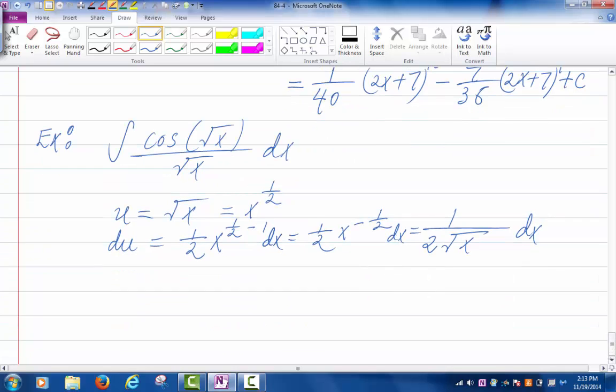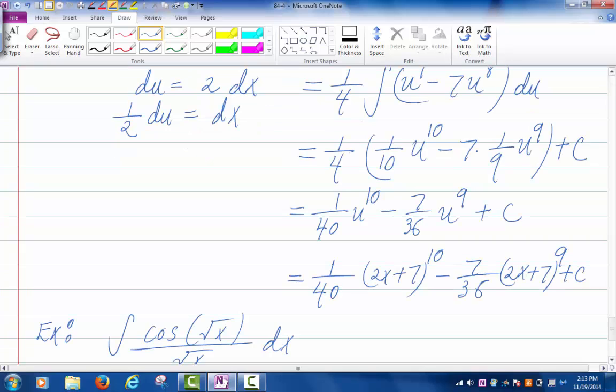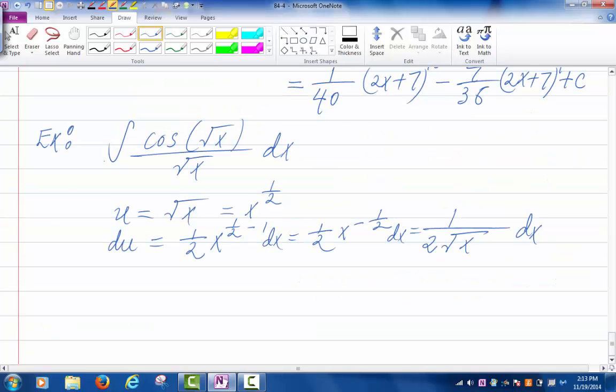And then what do I do? Well, the integral that I have now, I'm going to make the substitution. Actually, if du is 1 over 2 root x dx, then 2 du is what? 2 du is 1 over root x dx, right? You agree with that?